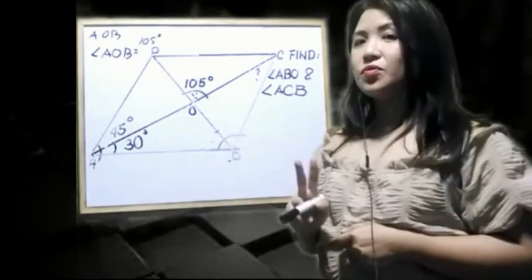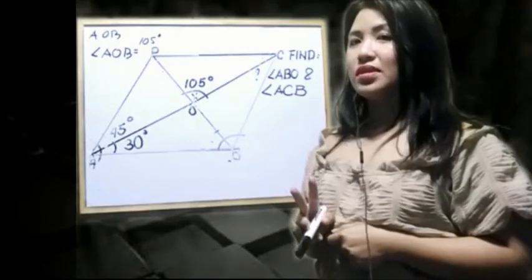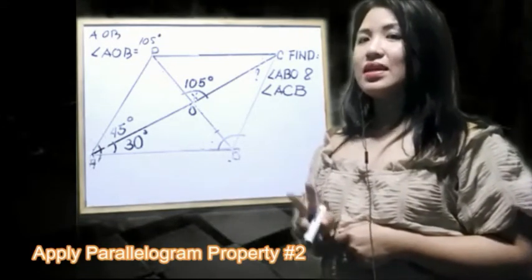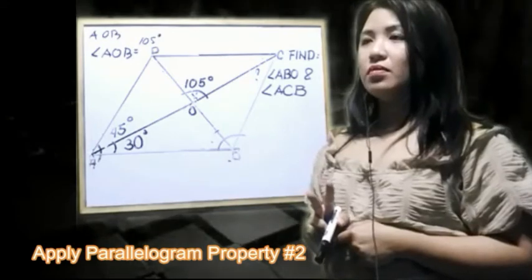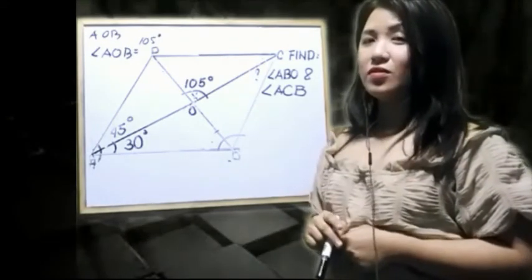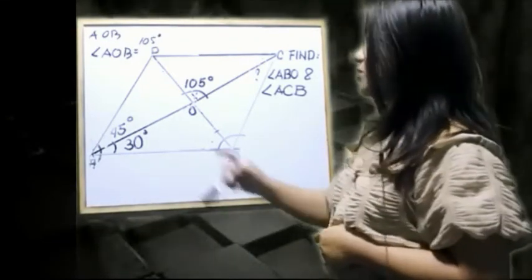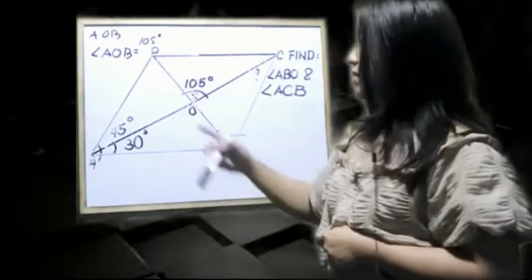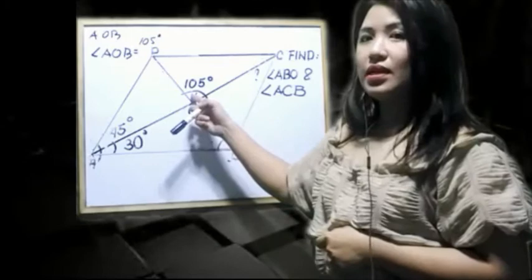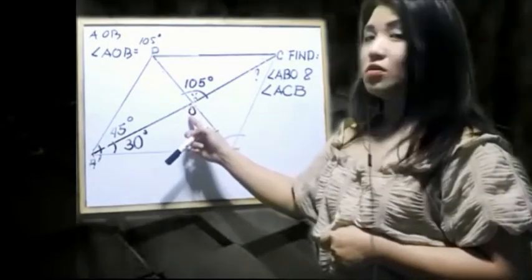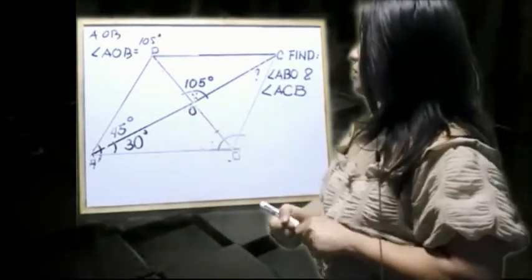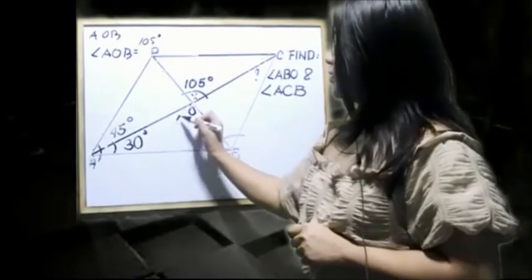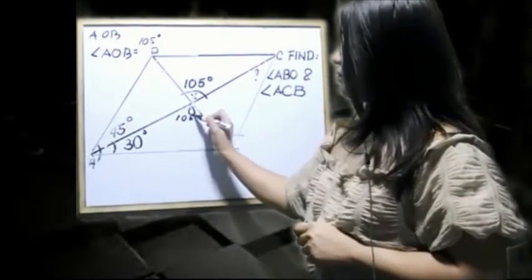applying the second property of a parallelogram that says in a parallelogram any two opposite angles are congruent. Since angle O and this angle right here are vertically opposite, and the one on top says 105 degrees, that means angle O is also 105 degrees.